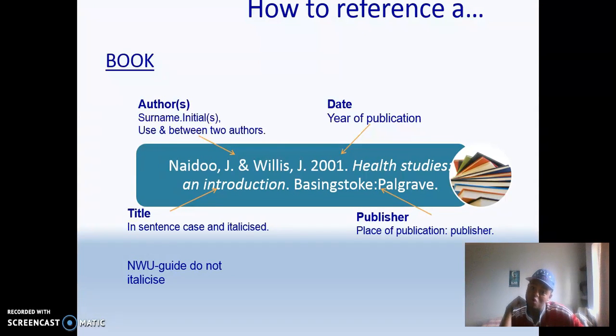And again you go on to the title of the book. Remember guys, this is when you'll be writing your bibliography or your reference list, not in your in-text referencing. This is how you're going to reference it in your bibliography. And lastly, we have the publisher, which in this case is Palgrave.